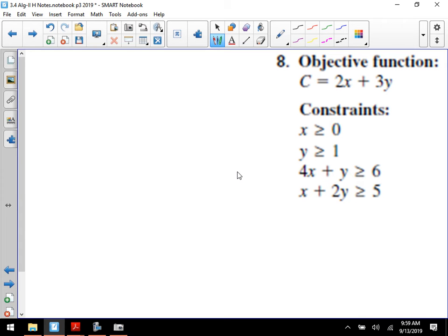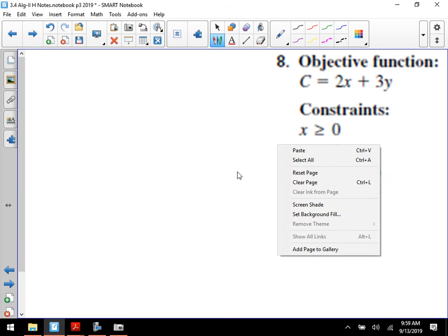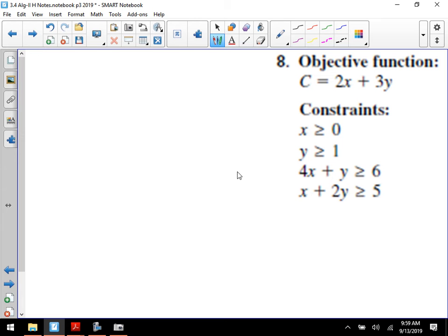So here you got your 4 constraints. X is greater than 0, so it's going to the right. Y is greater than 1, so it's moving up. So it's kind of first quadrant-ish to start with. Then you've got 2 other sets of constraints. Y-intercept at 6. X-intercept at 1.5. Y-intercept at 2.5. X-intercept at 5.